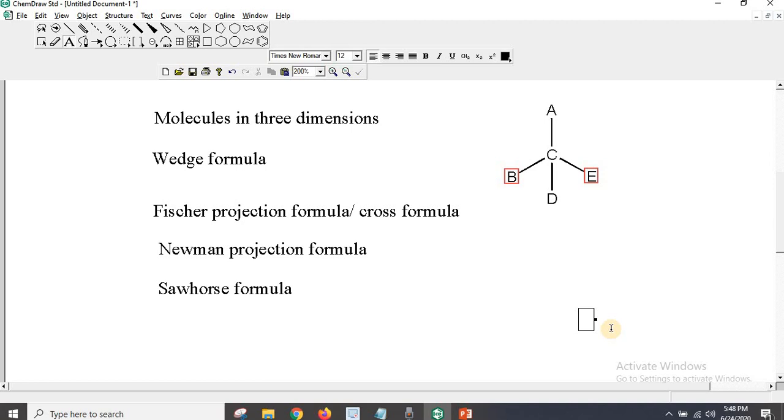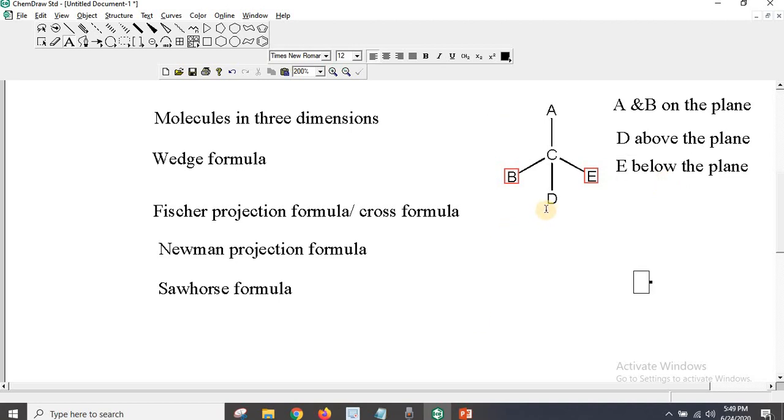Now the wedge formula represents, according to the sp3 hybridization, that of any four bonds A, B, D and E, two bonds are on the plane, one bond is above the plane and the fourth bond is below the plane. Consider A and B on the plane, D above the plane, and E below the plane. Now I draw this structure in wedge formula.